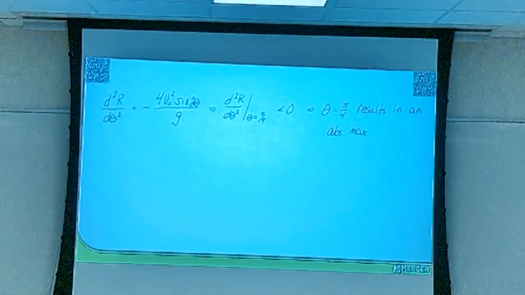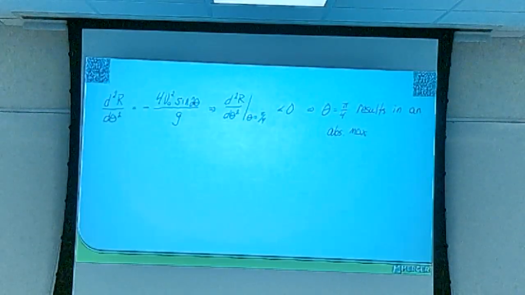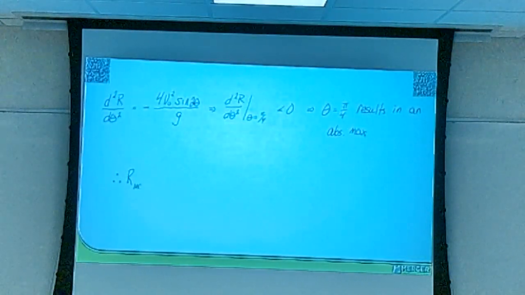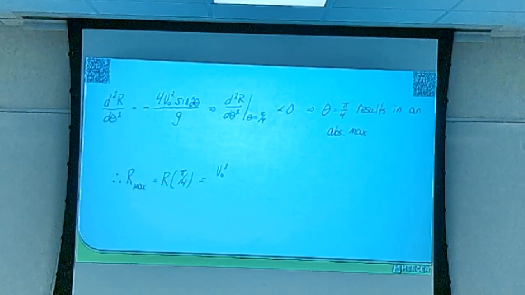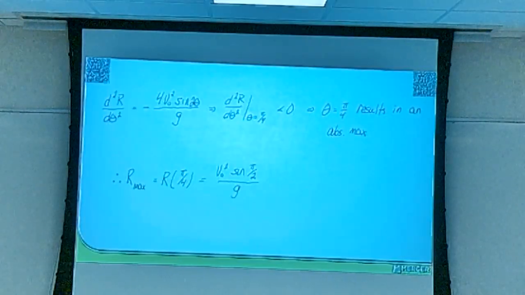Which means that that is an absolute max. So you maximize the range if your launch angle is pi over 4, and the maximum range is v naught squared over g.